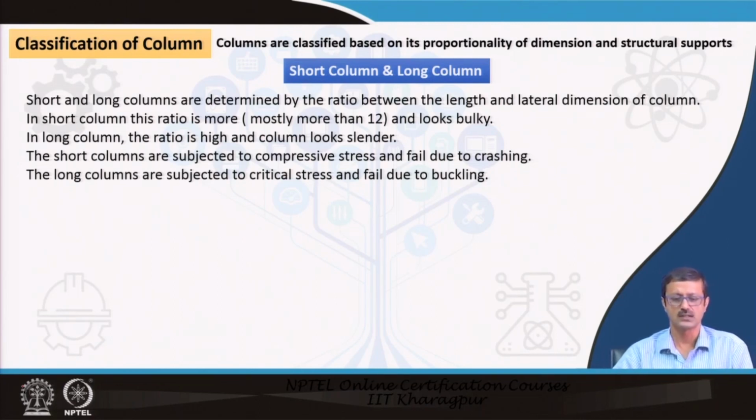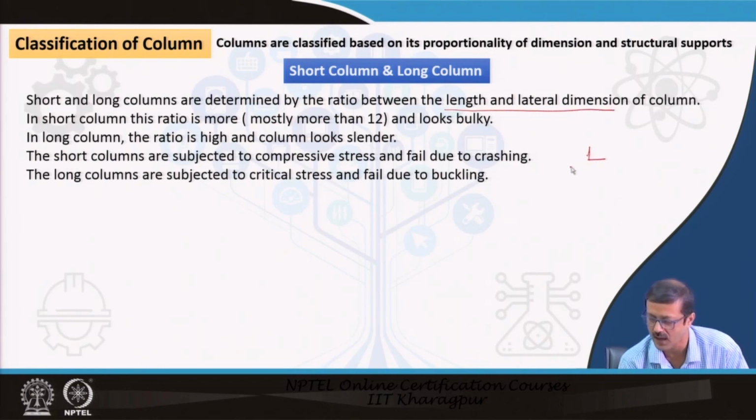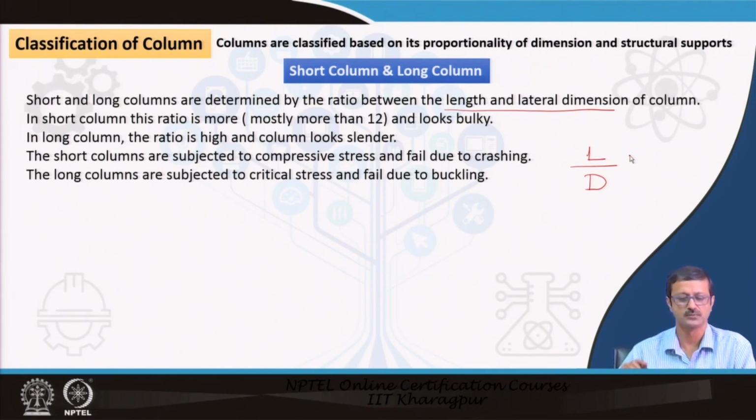So, for a short column, the ratio is between the length and the lateral dimension. If I say it another way, the length by the lateral dimension, suppose it is d, the diameter, and the length is L, so L by d. I made a small mistake here; I will rectify it in the PPT.